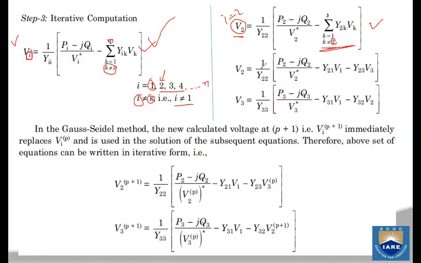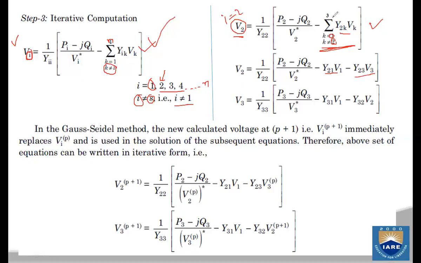Now you expand this sum. V2 can be written as 1/Y22 × (P2 − jQ2 / V2* − Y21 V1 − Y23 V3). If you take k equal to 1, you get Y21 V1. But k should not be equal to 2, so then you go for 3, and when k is equal to 3 this becomes Y23 V3.